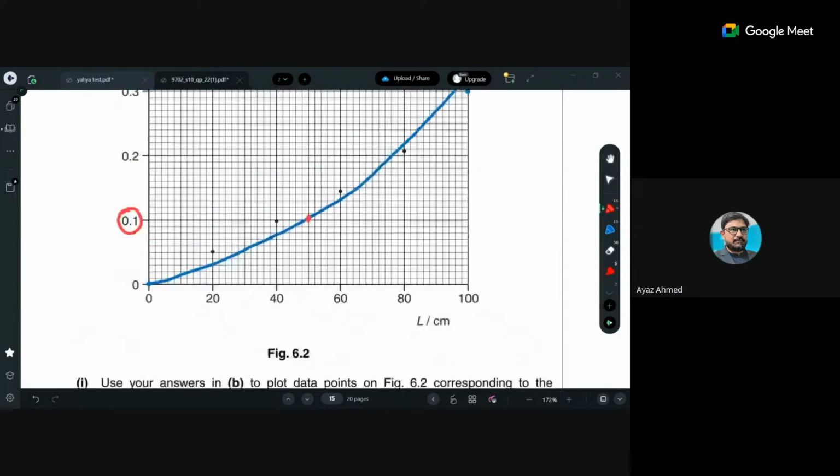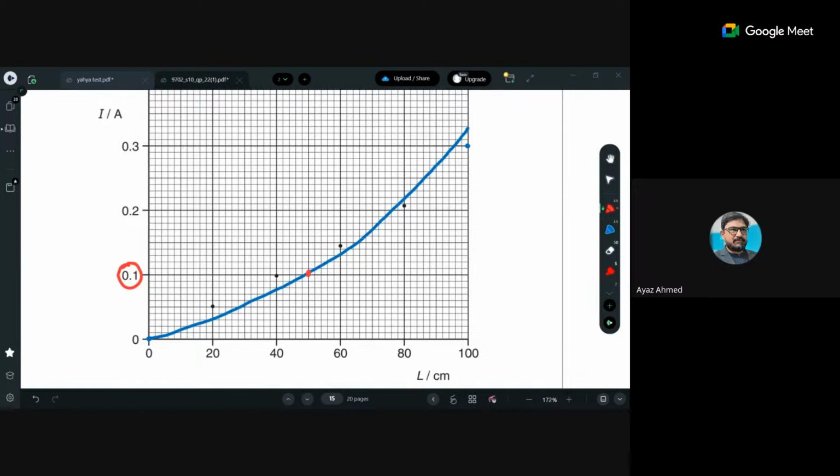Okay, so here we go. It means we have to recheck the line of best fit. That point is far away. Actually, this is a problem.